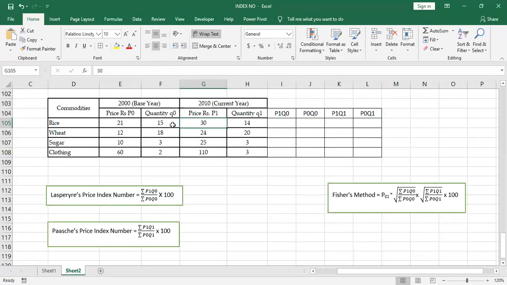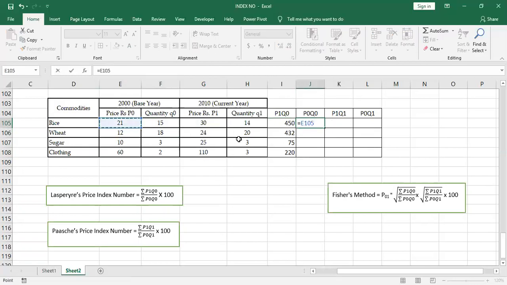P1 is 30 and Q naught is 15. So P1 is 30 into Q naught 15, we'll get 450. Same calculation procedure for P naught Q naught: it is 21 into 15, we'll be getting 315.